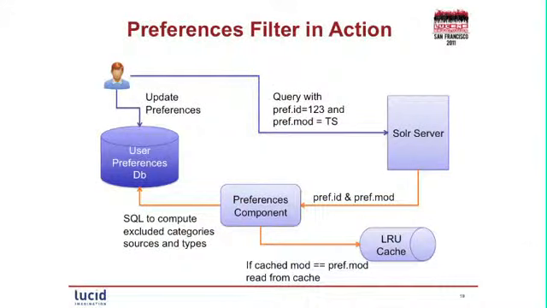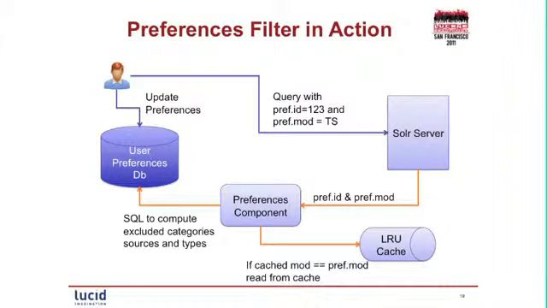So again, a user comes in and on our site updates their preferences, potentially adding a new feed or turning a couple off. Then at a later date, after they update their preferences, they issue a query to Solr. They want to get some content now. So the query must be passed with two things for this preferences filter to work.